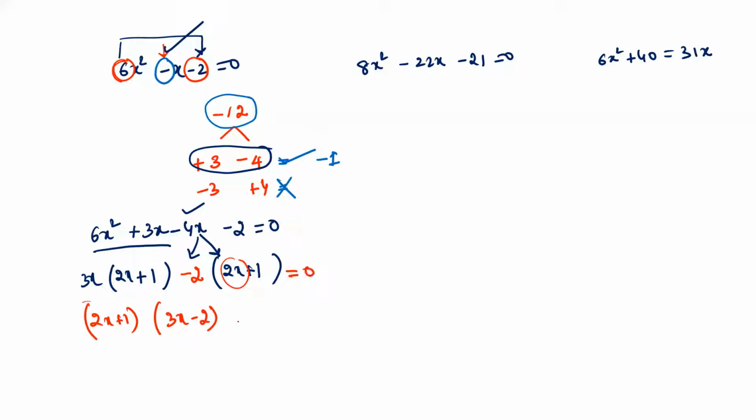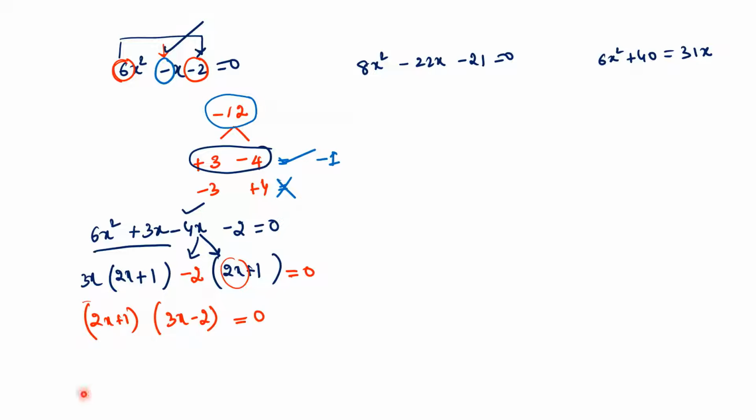This has to be equated with 0 because we have to apply the zero product rule. Till here, any doubts? This is all you have learned in your class 9. I'm just revising it so that if you have forgotten, you will be able to recall it properly, right? Either 2x plus 1 has to be 0, or 3x minus 2 has to be 0, because 0 into anything will give you 0.